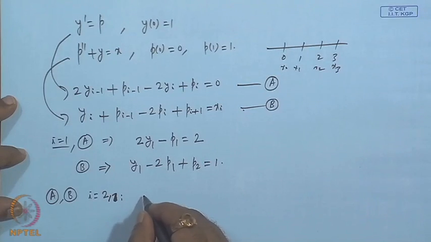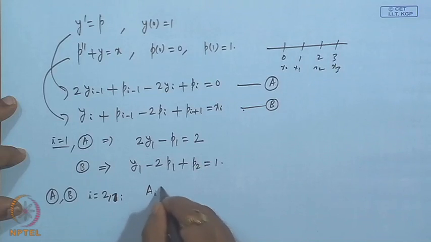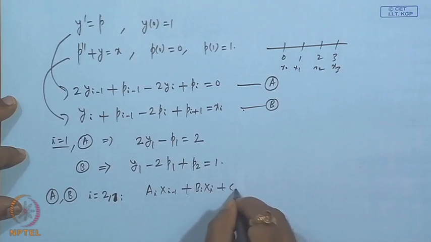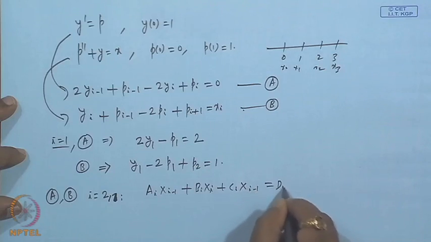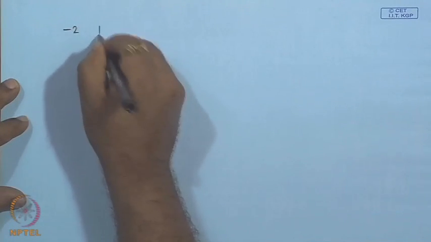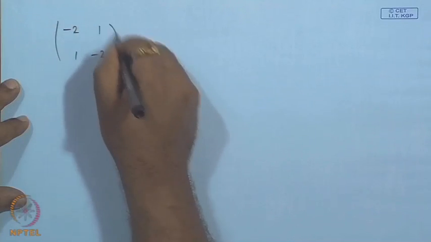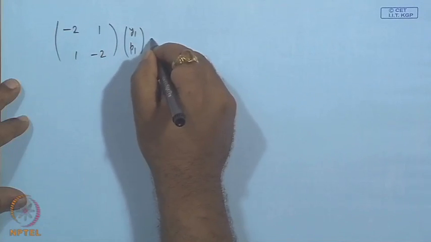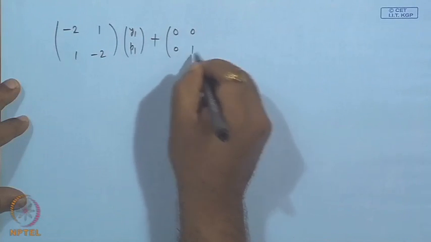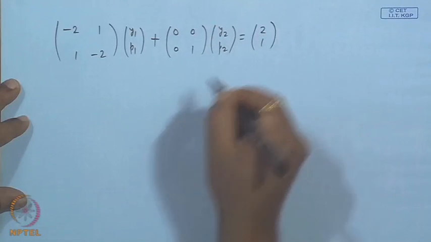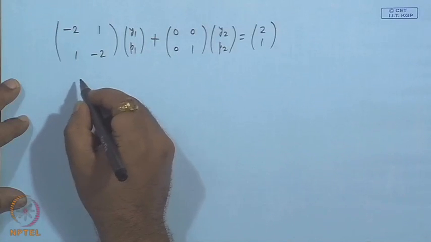So, this can be written as d i, right. So, if we try to do that, we arrive at this is one set and another set.